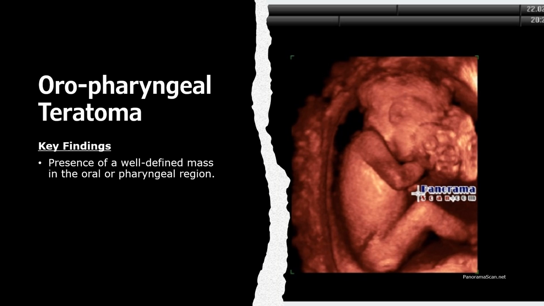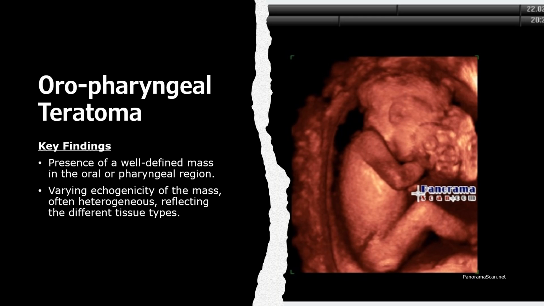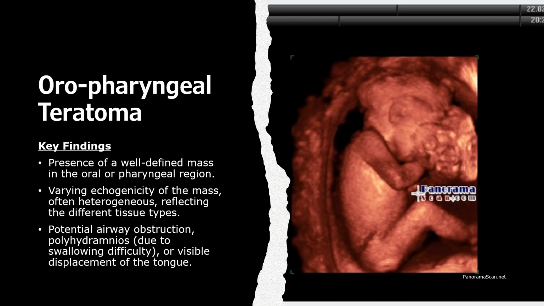A hallmark of the tumor is its heterogeneous echogenicity, which reflects the mix of tissue types present. For instance, areas of higher echogenicity might indicate the presence of bone or teeth, while less echogenic regions may represent softer tissues or fluid.